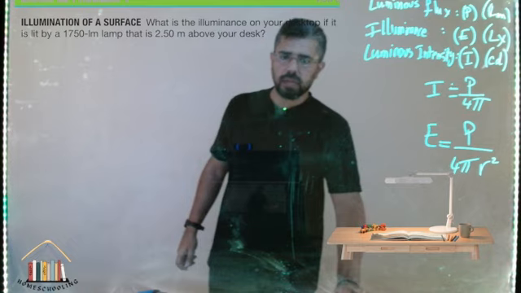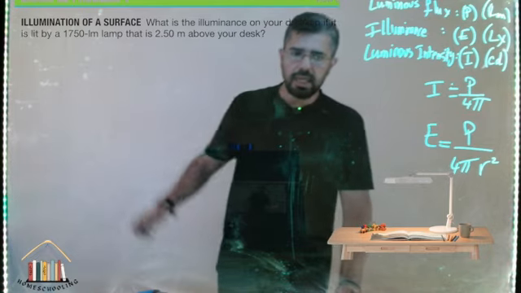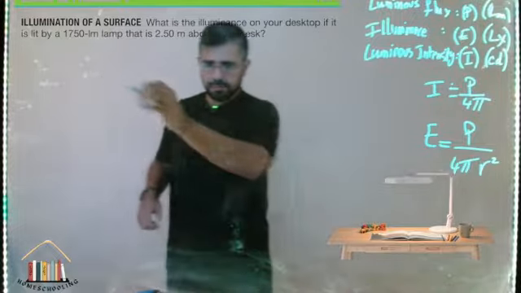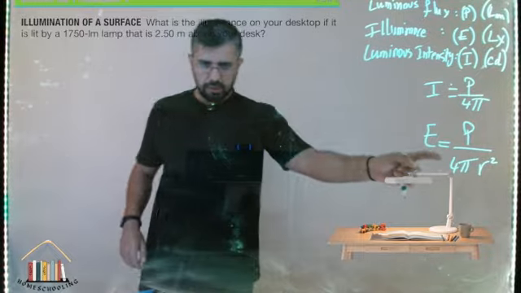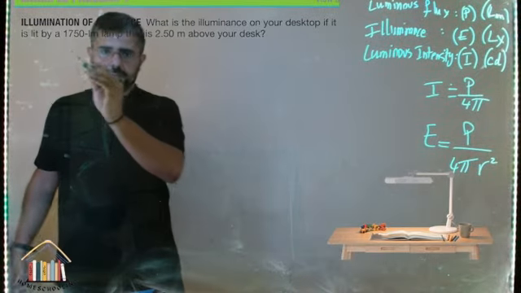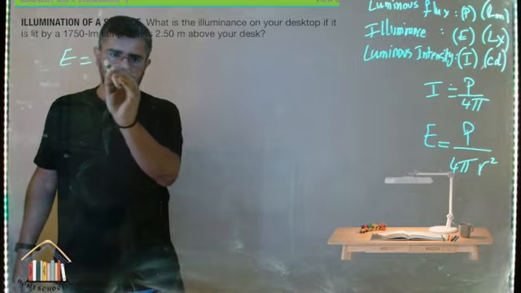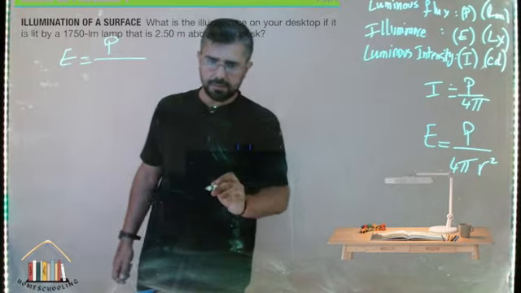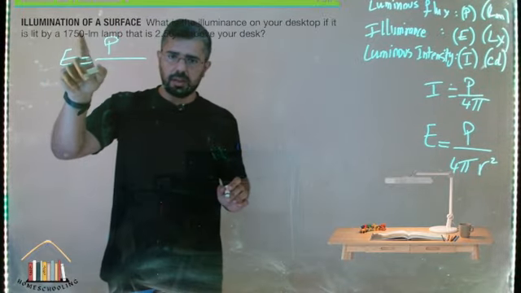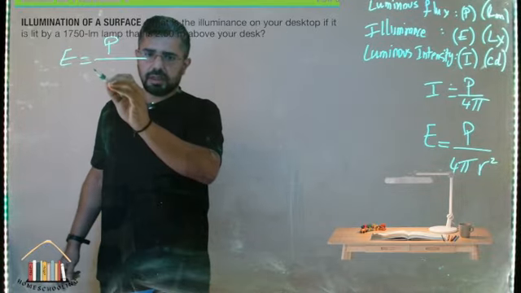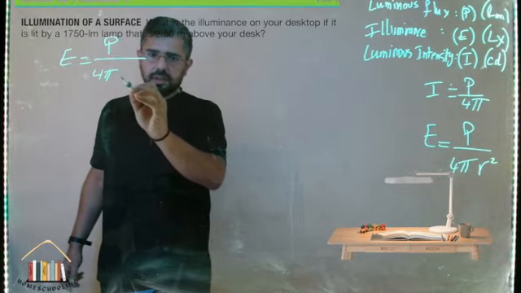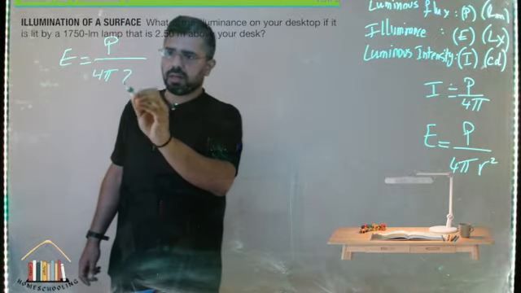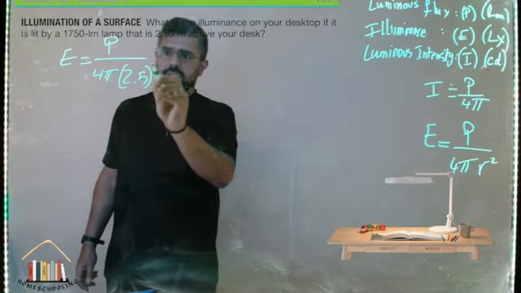So how to calculate in this case the illuminance E? E will be equal to, we are using this equation here, P, which is the luminous flux, and it's given, by the way, 1750, divided by 4 pi multiplied by r squared. The distance here is given, 2.5 squared.